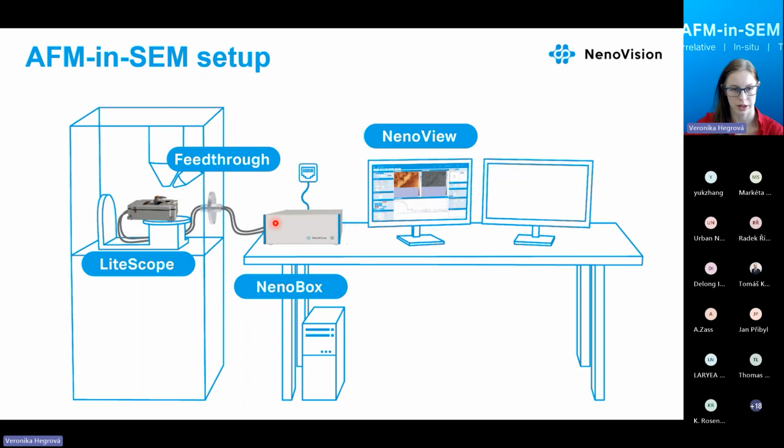And then there is connection between the SEM detectors and the control unit. So we obtain all the signals in the NanoView software in our control unit, but still not changing any property of SEM. And then another connection is to SEM computer. So both UIs of SEM and NanoView software are within the same computer.